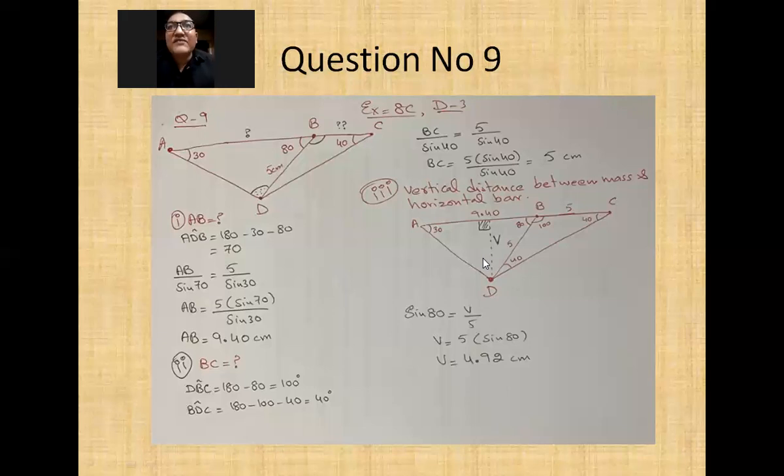So sine 80 will equal V divided by 5. If I make V alone, the 5 will go on the other side and it will multiply. So V will equal 5 multiply sine 80. In your calculator, you will write 5 multiply sine 80 equals, and that will give you 4.92. So the vertical distance between D and the horizontal bar ABC will be 4.92 centimeter.